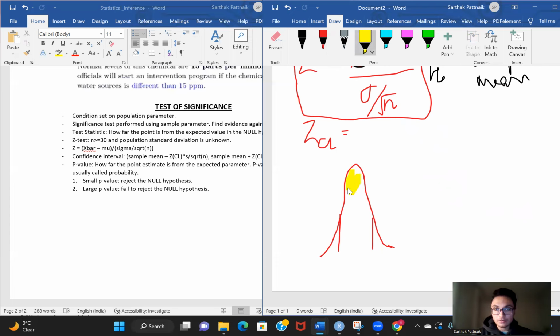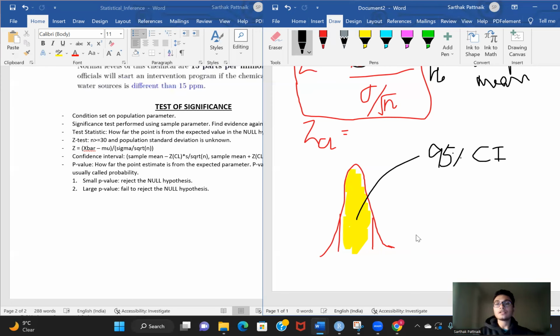Let me highlight this in yellow. Now, this is my 95% confidence interval.